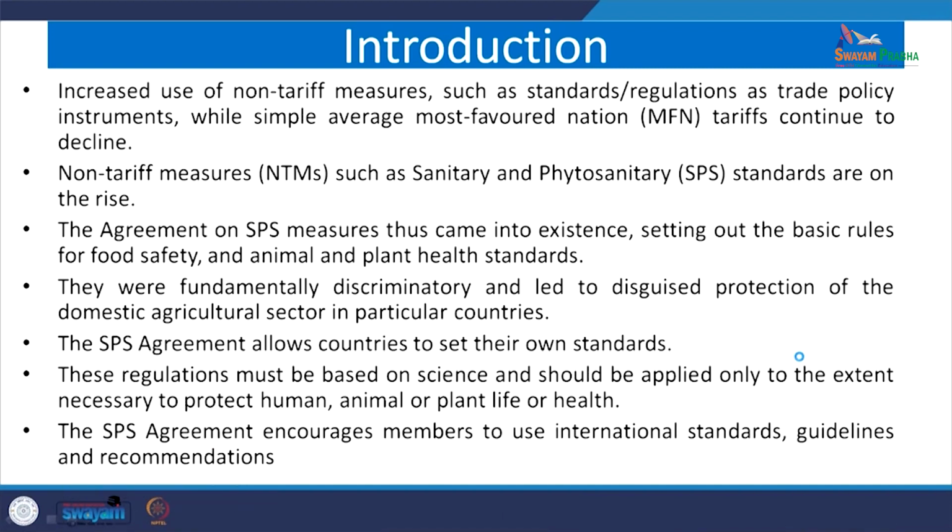The agreement encourages members to use international standards, guidelines and recommendations. The SPS agreement also established a committee, likewise in TBT as we discussed, called the Sanitary and Phytosanitary Measures Committee, to provide a forum for consultations. This committee normally meets 3 times a year and issues regular guidelines for all the member countries.